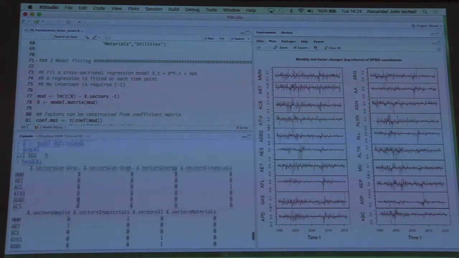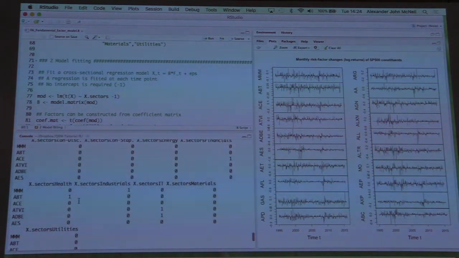So let us have a look at the first ticker, triple M. The primary sector of triple M is industrial. The primary sector of ABT is health. Okay. So every one of them is uniquely attributed to a sector.